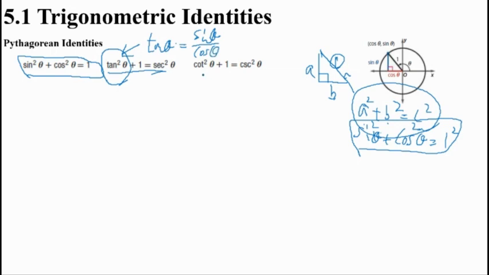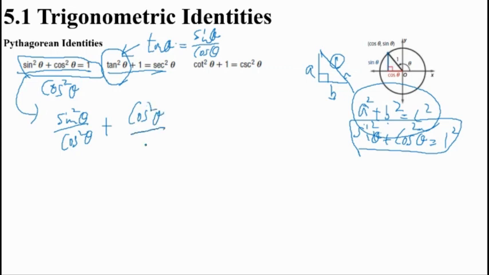So from here we just divide everything by cosine theta squared, which means sine theta squared over cosine squared plus cosine squared over cosine squared equals 1 over cosine squared.